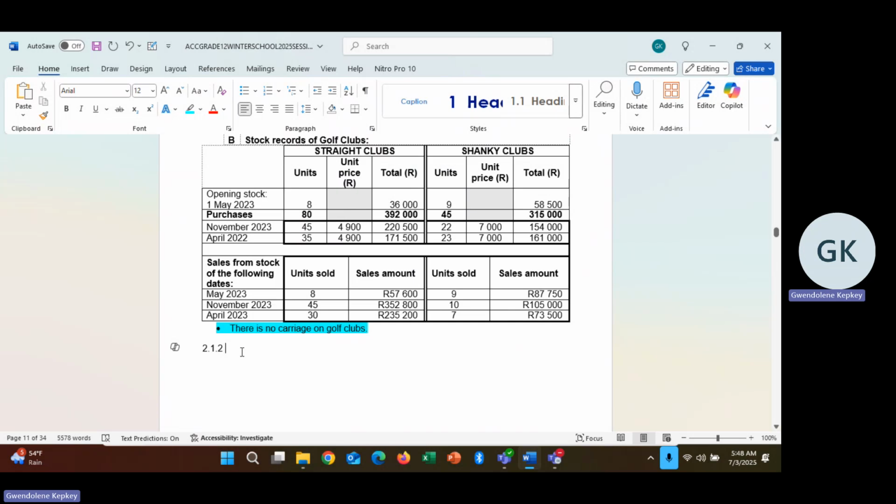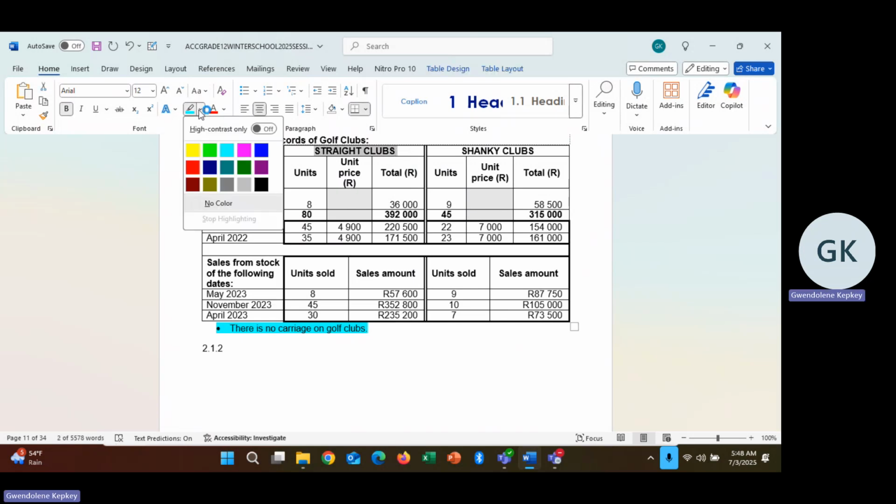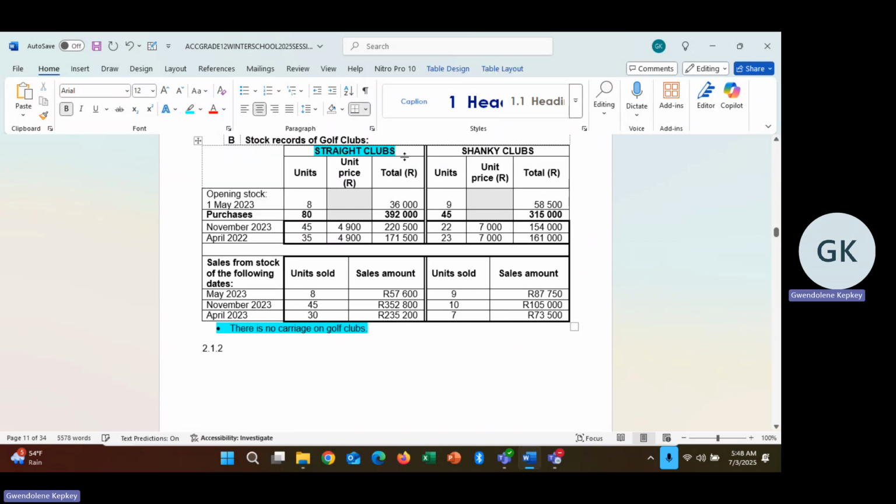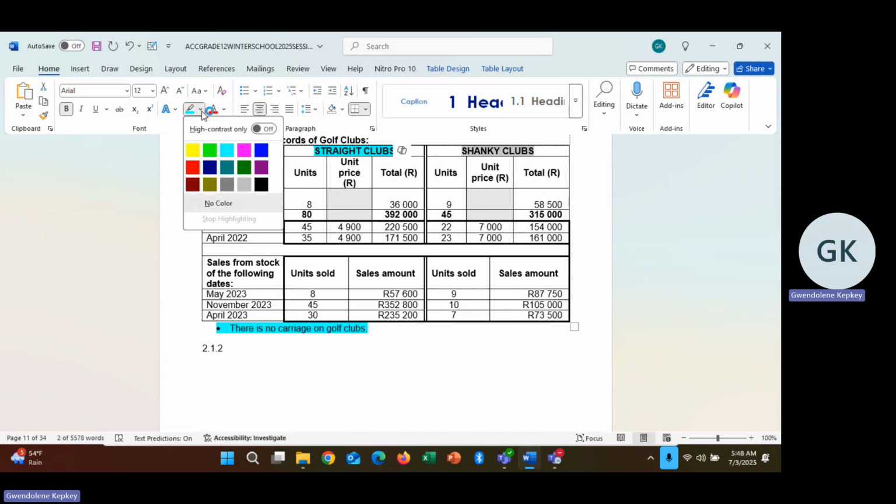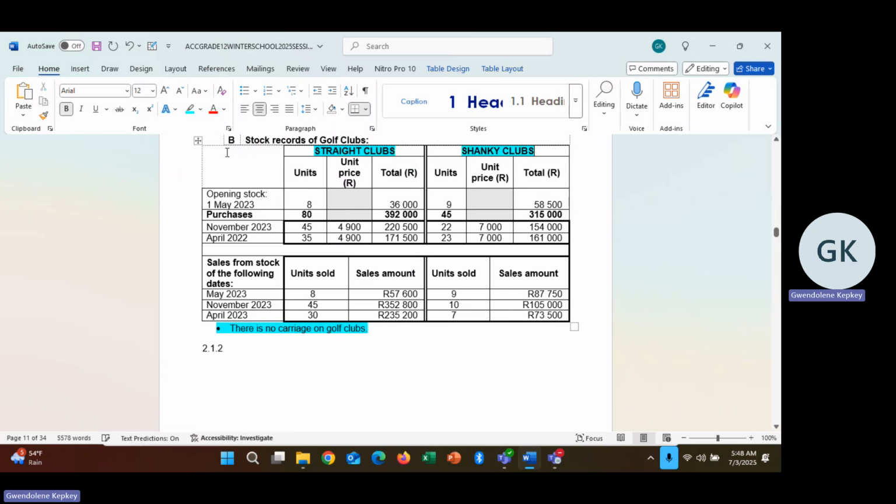Right. So my first item that I'm going to find the value of that closing stock will be, I have what is called straight clubs. So that is my one item. And then I have what is called my shanky clubs. Remember with this method, each item has its own cost price.